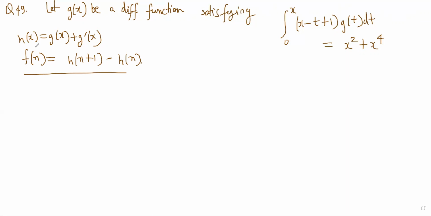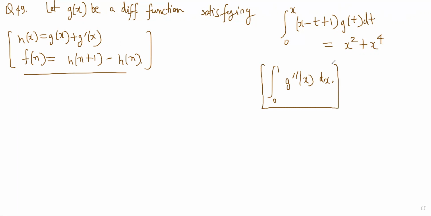So this is additional information that is given to us, right? So first thing to find out is the integral 0 to 1 of g double dash x dx, right? So this is what we obtained.